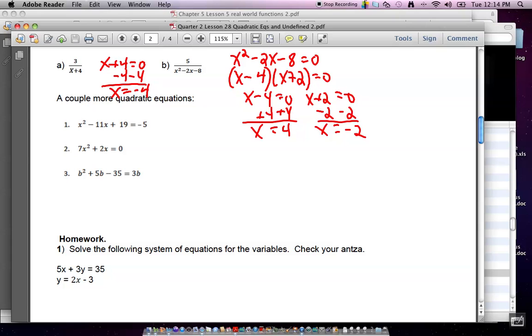Okay, any problem with letter B? Any issues at all? X equals 4, x equals negative 2.